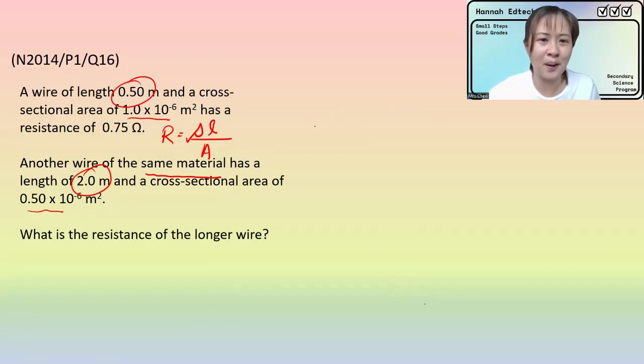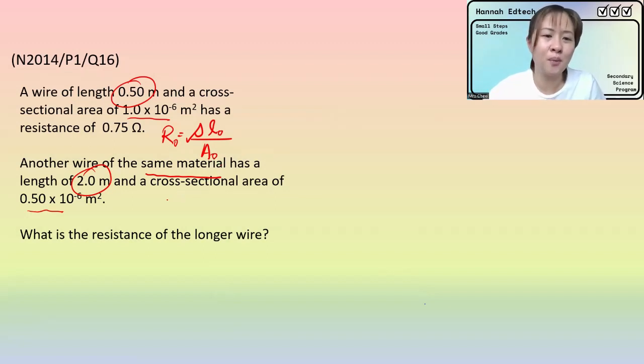And let me give you a guideline of how to do this type of question first before I review the answer. All right. So you can have the original resistance as R original, and you will have resistivity and length original over area original.